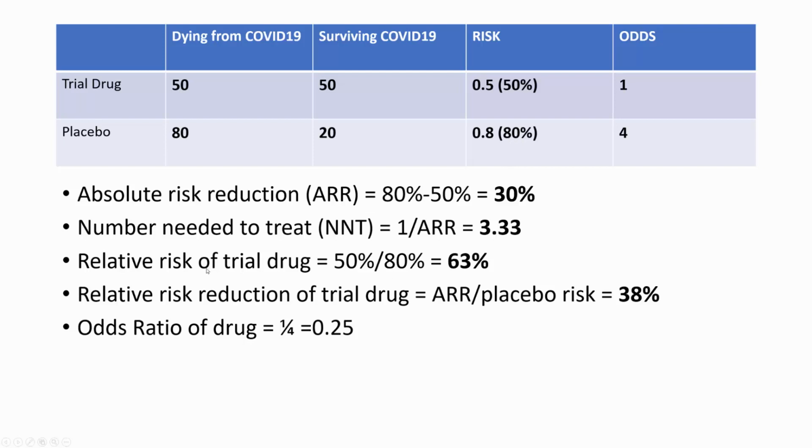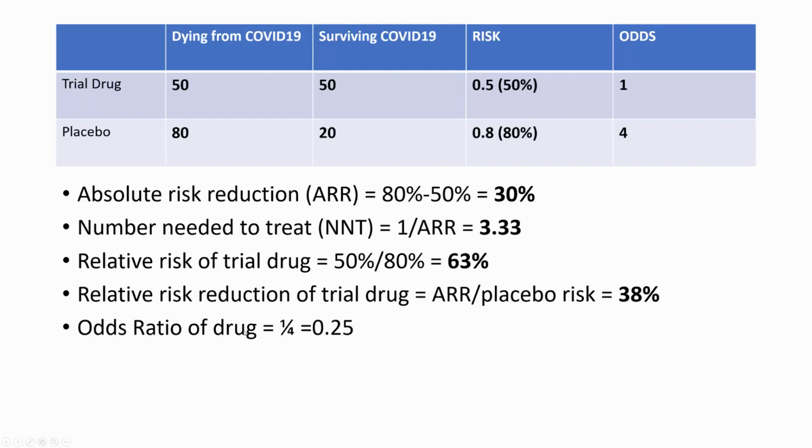Now where it's a bit more complicated is what's the relative risk reduction of being on the trial drug. And that's your absolute risk reduction on your baseline risk. So in other words, your absolute risk reduction we worked out was 30% over your placebo risk, which was 80%. So therefore your relative risk reduction of the trial drug turns out to be 38%. A lot of people confuse risk reduction with the odds ratio.